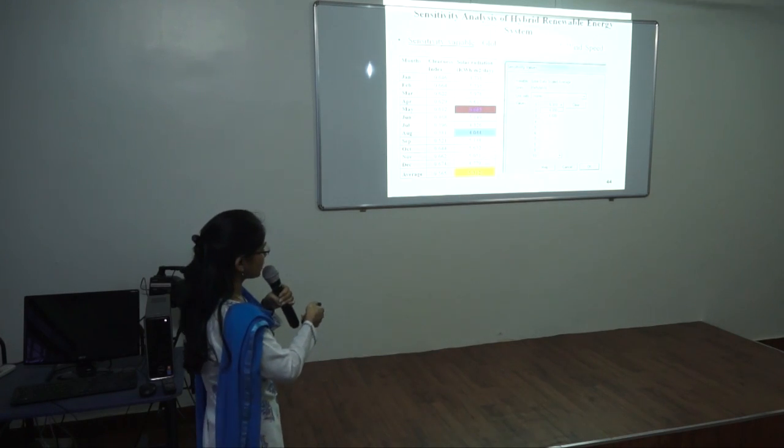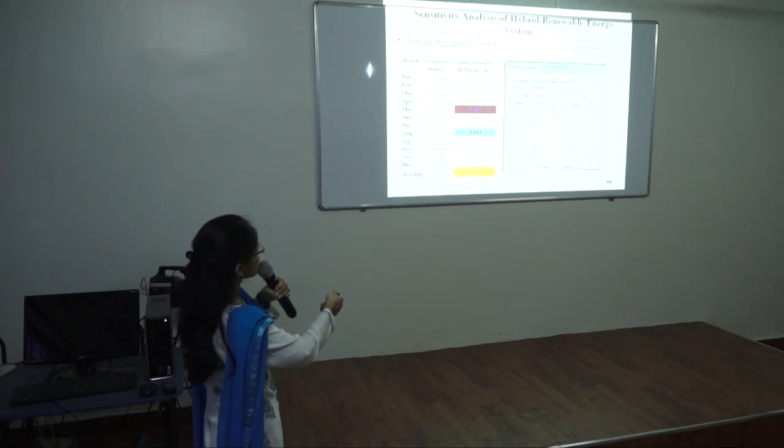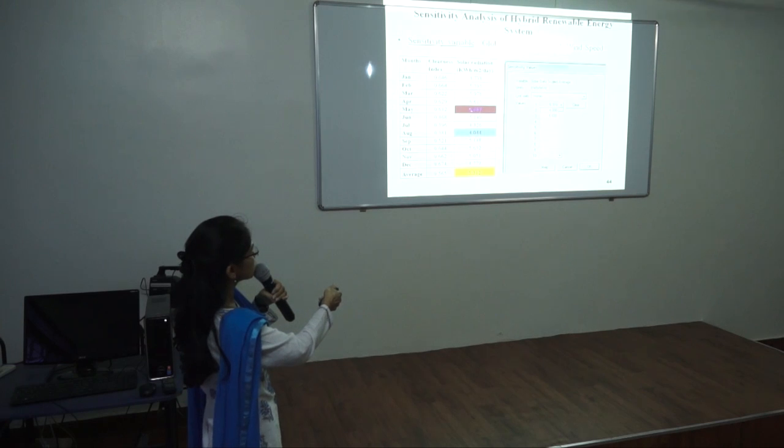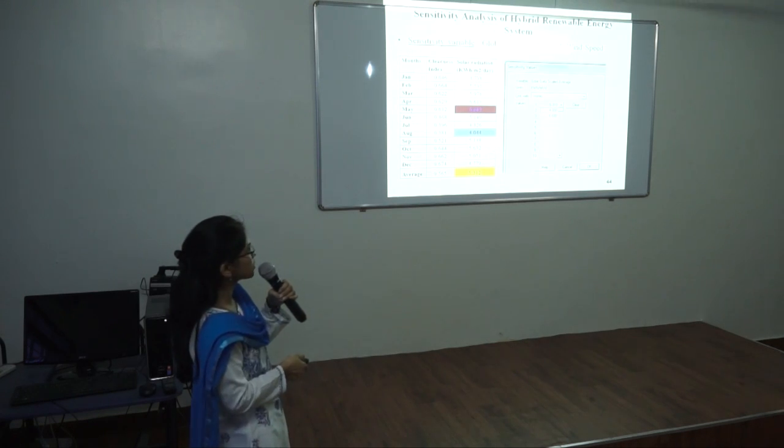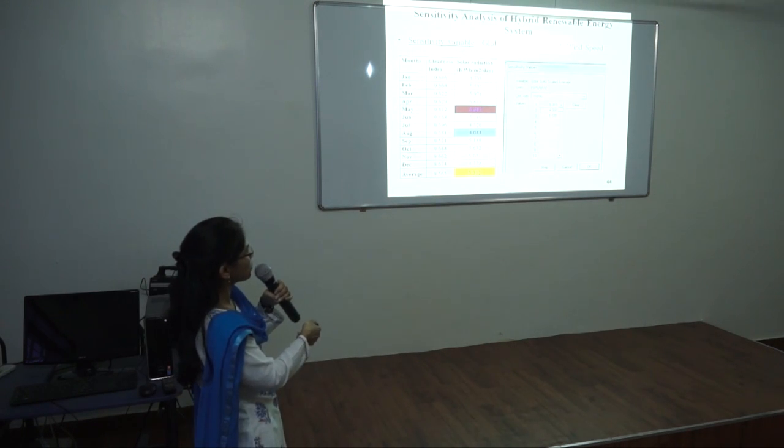Here, by selecting the values of global solar radiation, it is observed that the global solar radiation varies from 4.044 to 6.685, meaning the minimum value is 4.044, the maximum value is 6.685 and the average is 5.31.